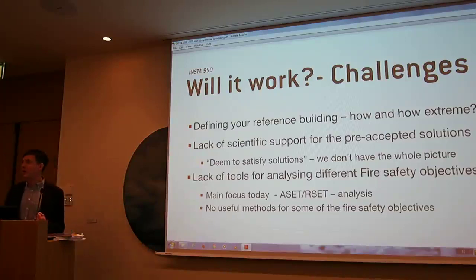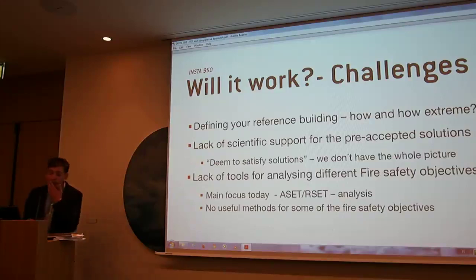We have good tools when it comes to the asset analysis, but we don't have so many useful tools or methods when we talk about objectives, about the lining on the wall and things like that, or the rescue services. We don't have these tools to work with it in a good way.